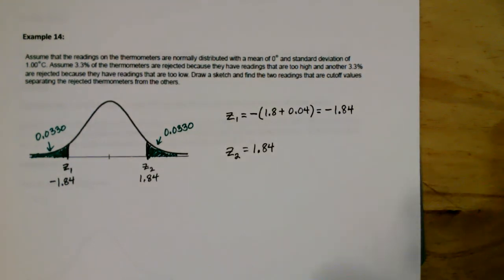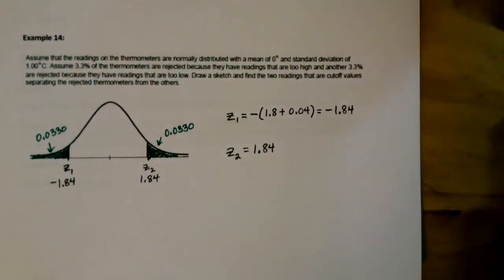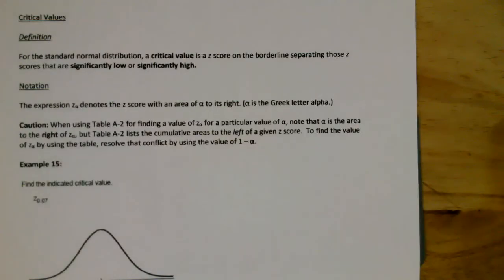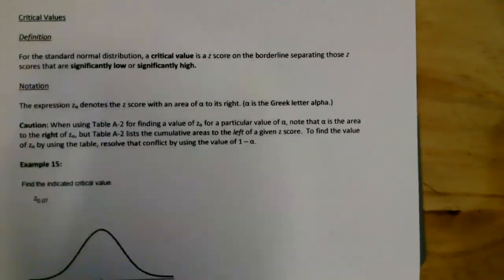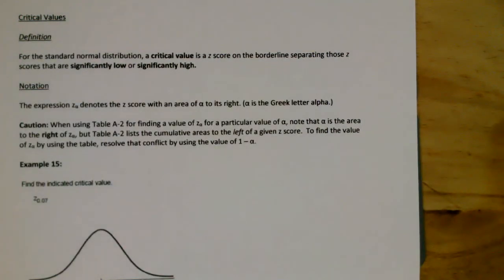Okay. All right, the last thing in section 6.1 is critical values. Now, when we get into hypothesis testing, we're going to be talking about what critical values are in more detail, and also in confidence intervals, which is chapter 7. Here's a definition.